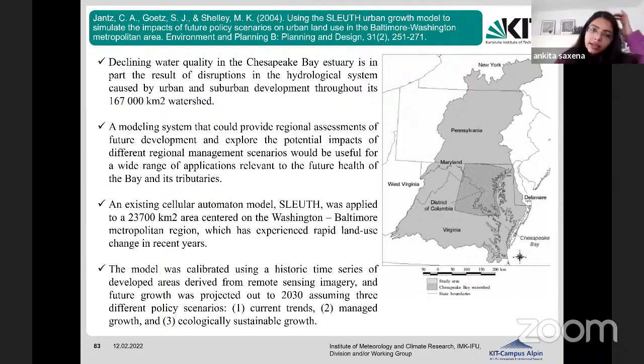And this is another study which was on the basis of different scenarios of preserving natural places and creating different pathways for human supporting systems like biking and walking.